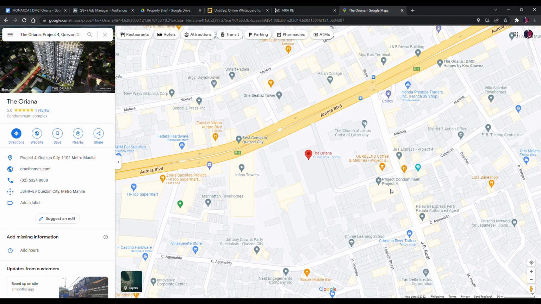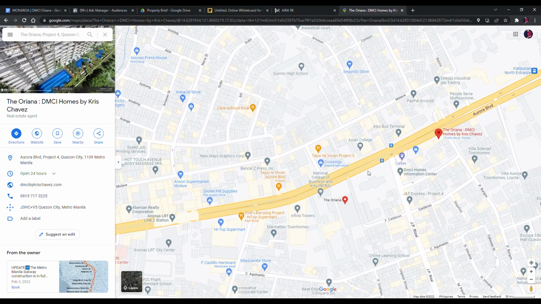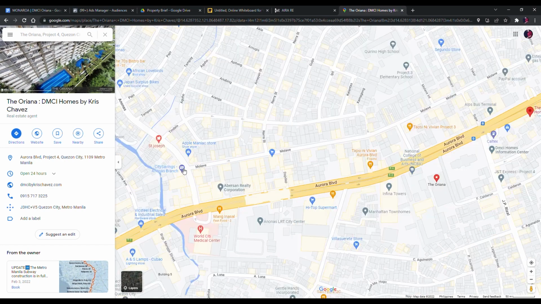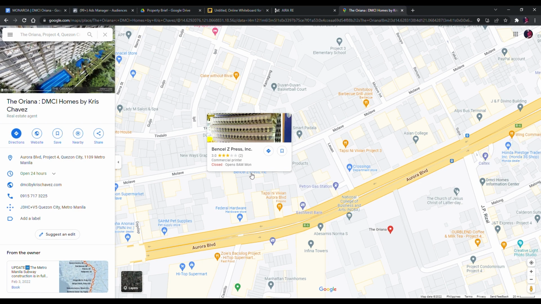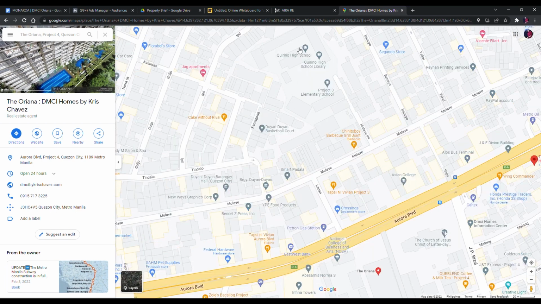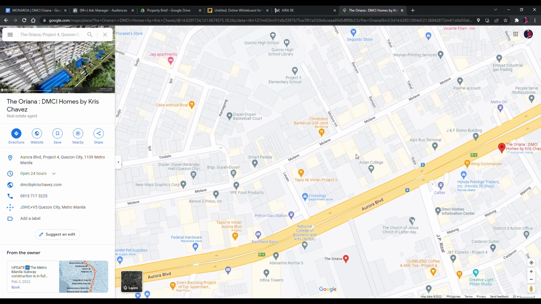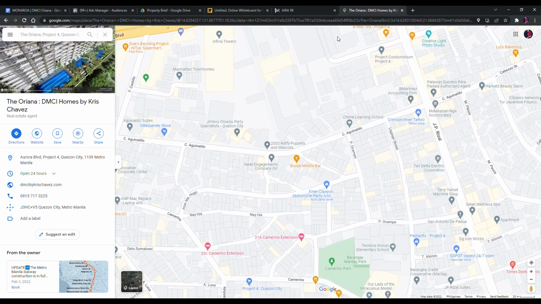So we've got a condo here. Basically, you'll be able to see all the nearby businesses. There's a lot of banks, restaurants. This is a printing press, so a small business, a high school and an elementary school, so people nearby. I'm just not sure that they'd be able to afford such a project right there.